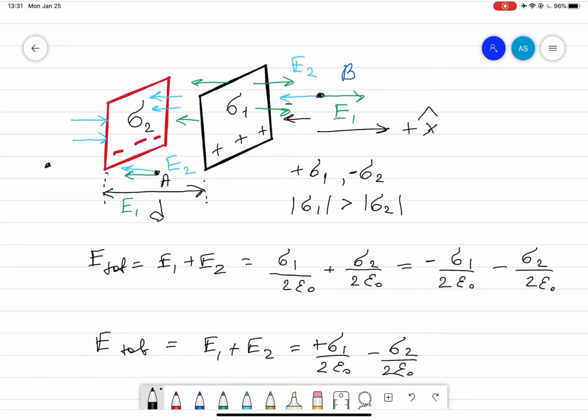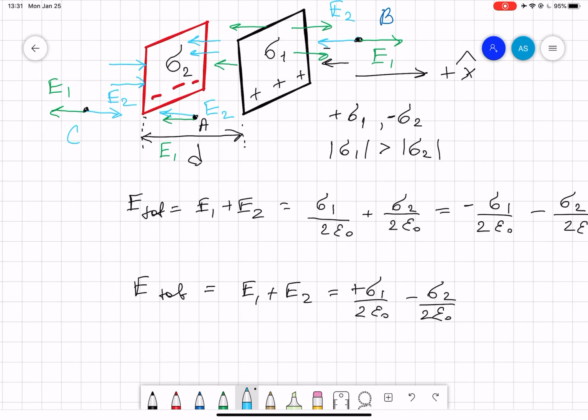Finally, if you want to find the electric field at point C, the electric field for sigma 1 will be pointing to the left side, so I call it E1, and for sigma 2 it's pointing to the right side, so I call it E2.